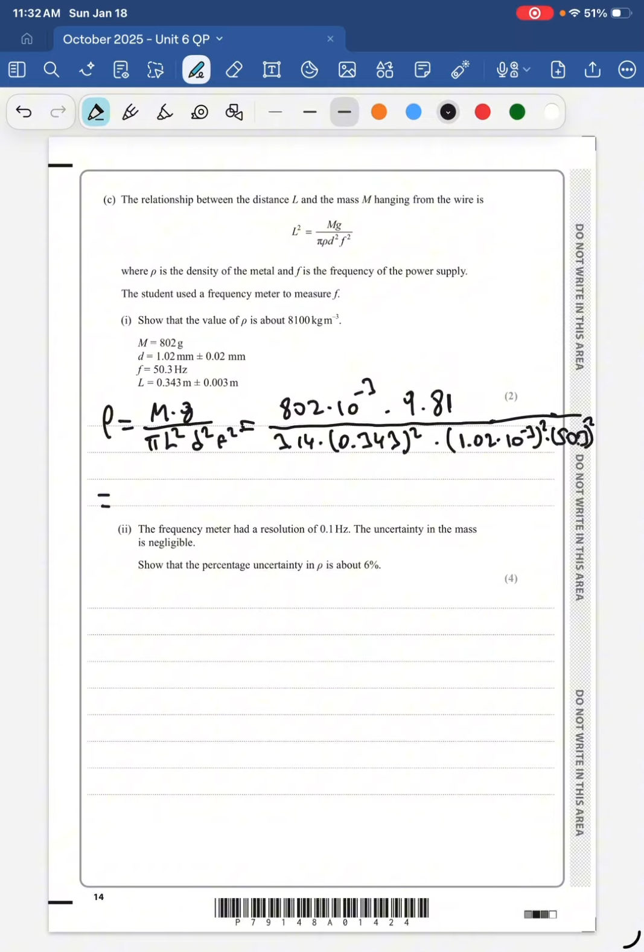Let me do the calculation. Okay, I found 8,090.8 kilograms per cubic meter, which is about 8,100 kilograms per cubic meter.